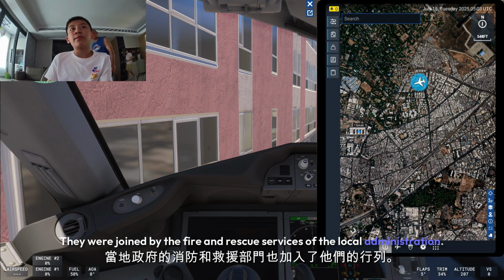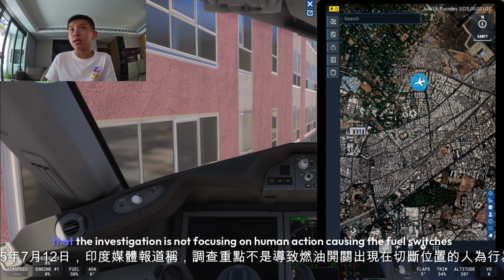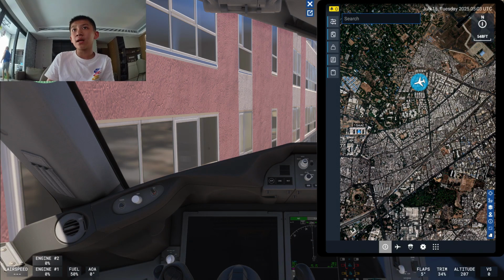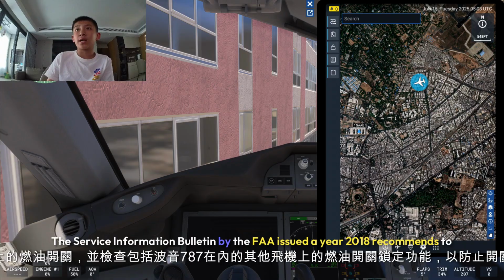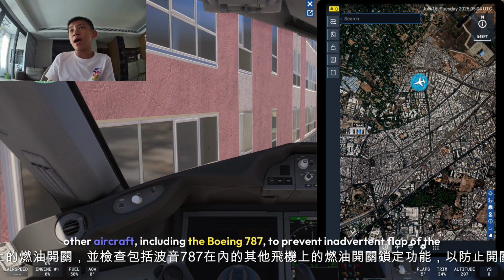On July 12th of 2025, India's media report said that the investigation is not focusing on human action causing the fuel switches to appear in cutoff position, but on a system failure. The Service Information Bulletin by the FAA issued in the year 2018 recommended upgrading fuel switches on 737s and is inspecting the fuel switch locking feature on other aircraft, including the Boeing 787, to prevent inadvertent flap of the switches.